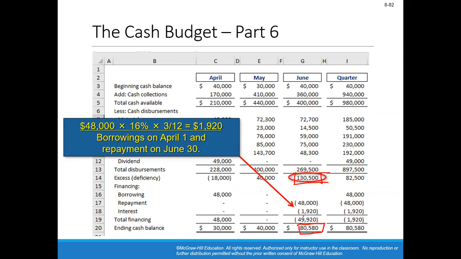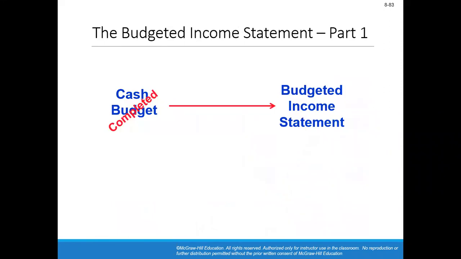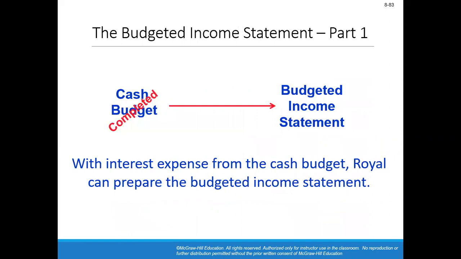It is much above the 30,000 minimum cash balance. It is more than double, right? So we are done with the cash budget.